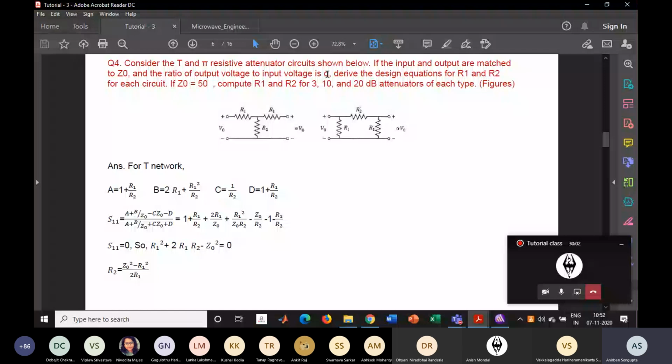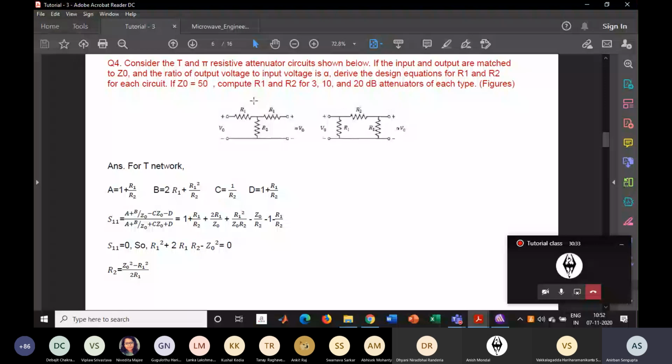So you need to calculate the S parameters of these circuits. Either you can calculate manually by putting a voltage source or current source here, and then calculate the S parameters. But the easy way is to calculate the ABCD parameters of these circuits and then convert the ABCD parameters to S parameters, as shown here.